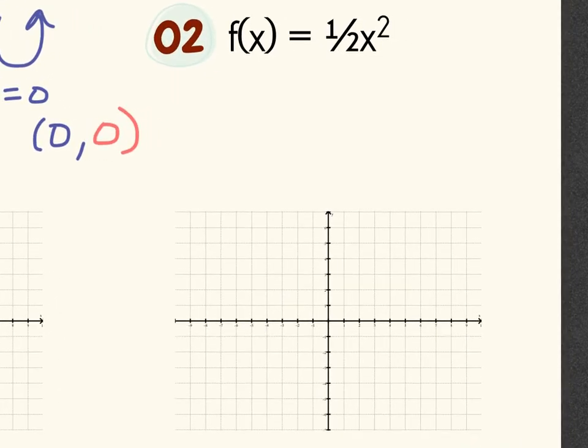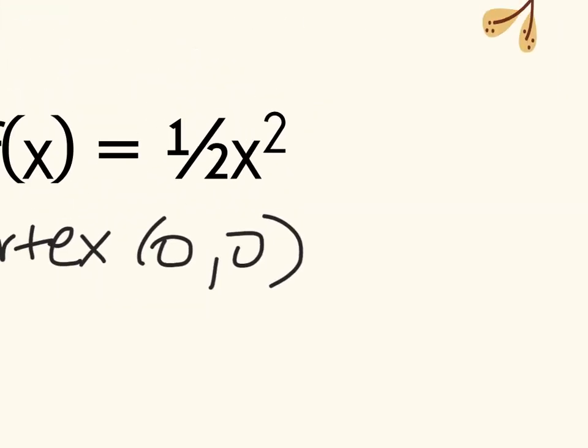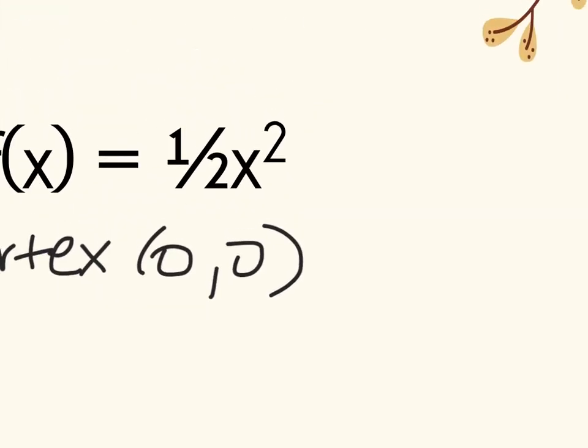Okay, so think about what's happening here. 1/2 x squared. There's still no shifts, right? This is going to be wider than my initial one. So I already know the vertex is at 0, 0. If I didn't know that, then I would do negative b over 2a. A is 1/2 here. B is still 0 here.